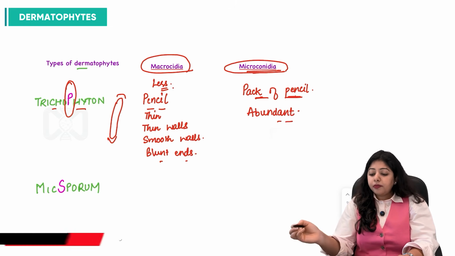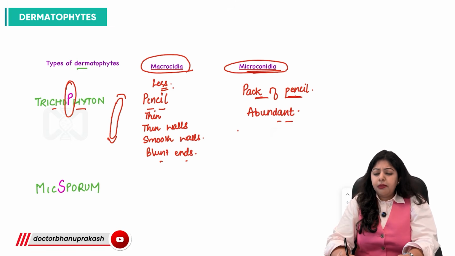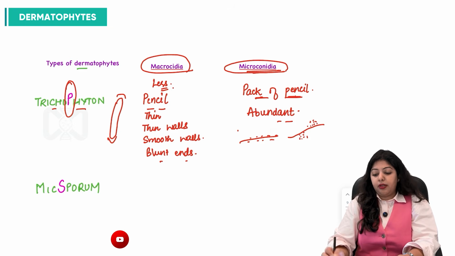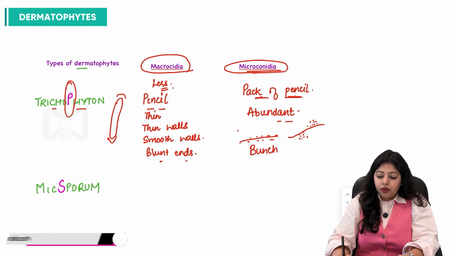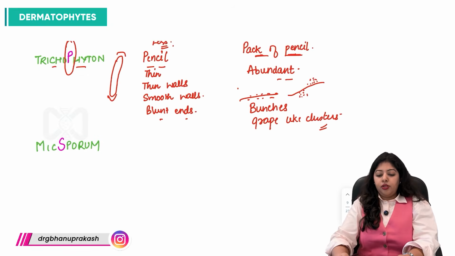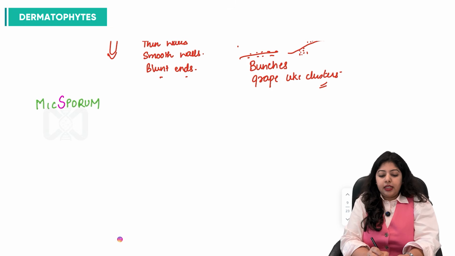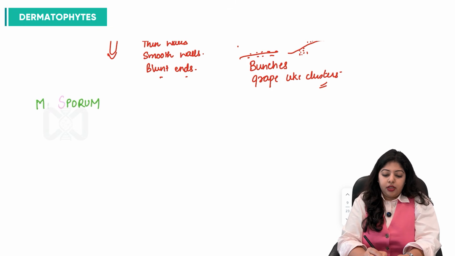And also these microconidia can be present singly along the hyphae, or they can also be present as bunches or grape-like clusters, right? So now moving on to the next dermatophyte, which is Microsporum.